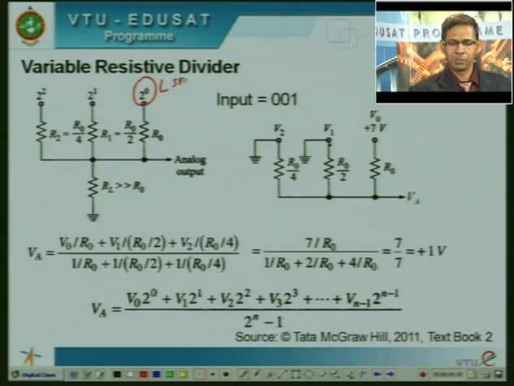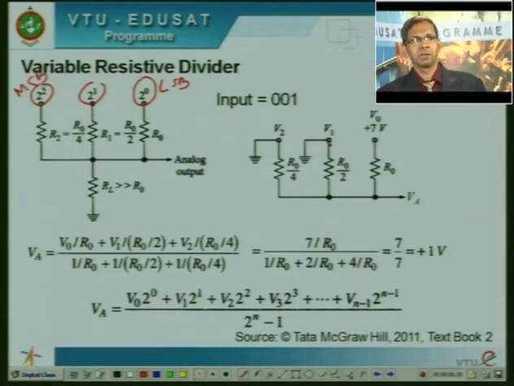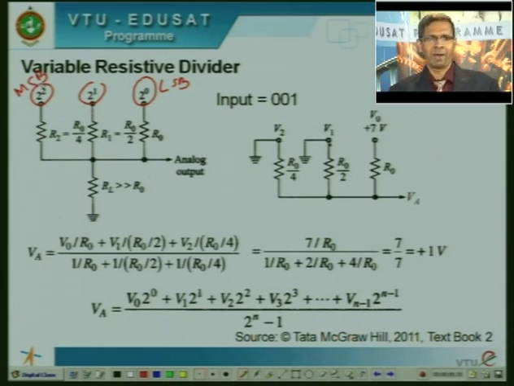This is 2 raised to 0. The second one is 2 raised to 1, and this is where we have the MSB. Okay. That means for each binary input or binary bit, we are going to have one resistor. So if I am dealing with a 3-bit system, I am going to have 3 resistors. If I am dealing with a 5-bit digital to analog converter, then I am going to have 5 resistors.